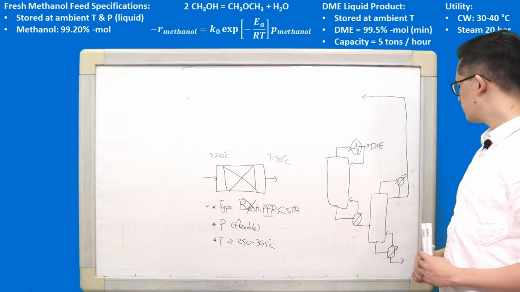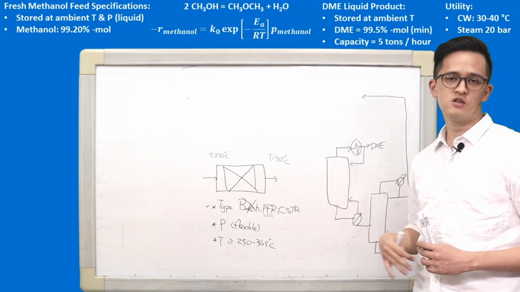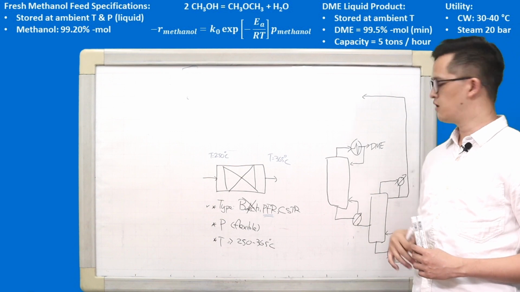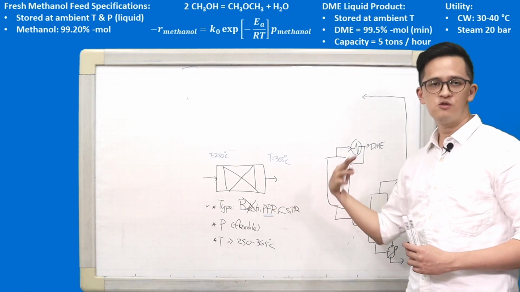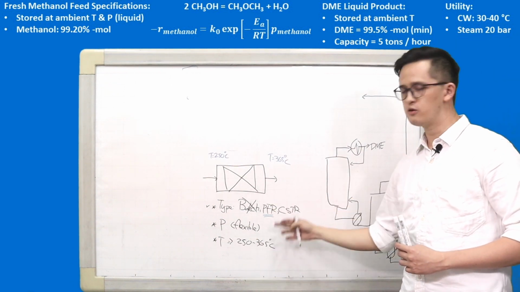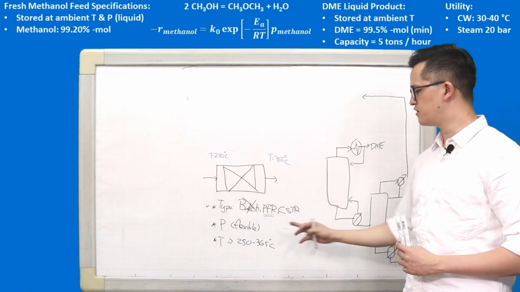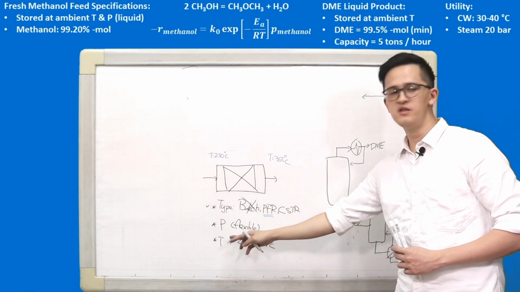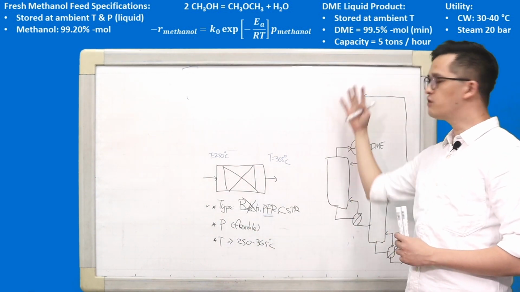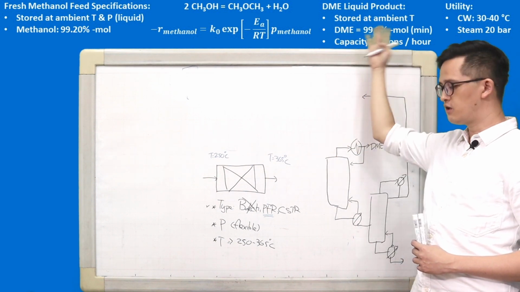Okay, so that's the sequence or the configuration for the distillation. Again, you have to ask this main question: what will be the type distillation, what will be the pressure, what will be the temperature, using all the information provided all in this case study.